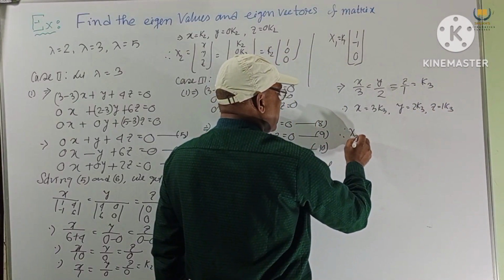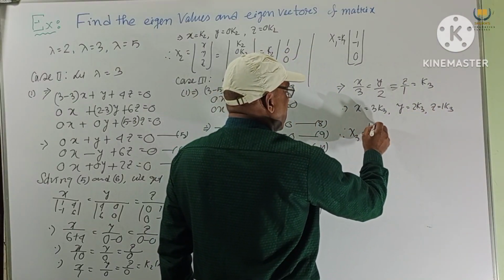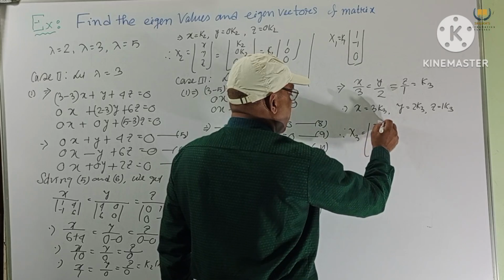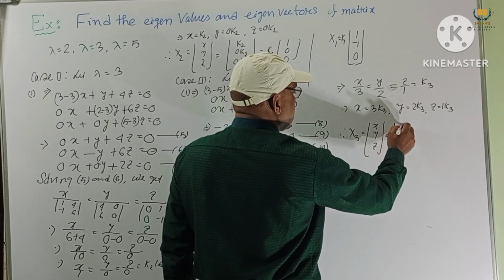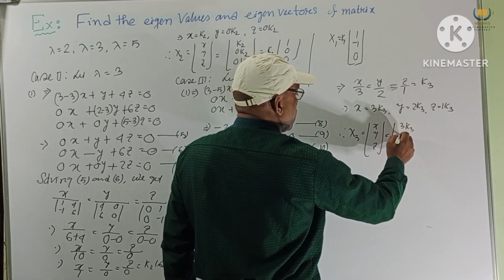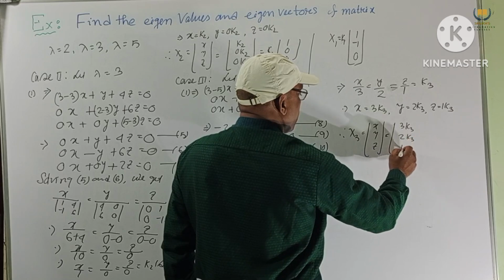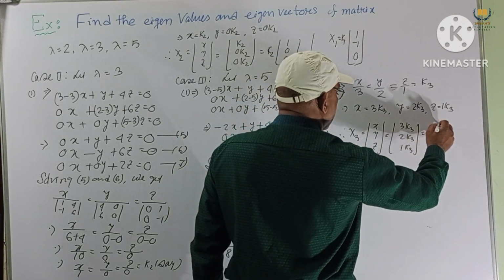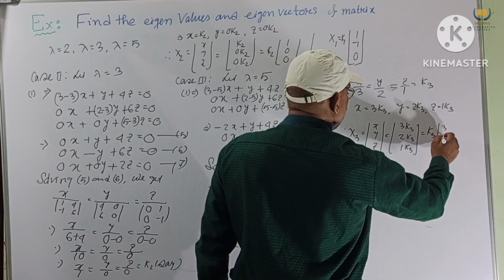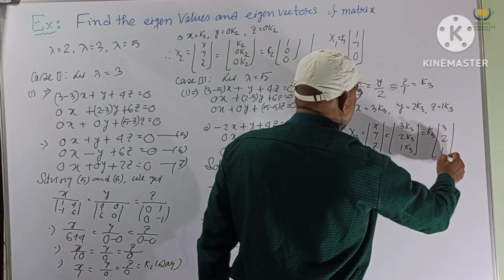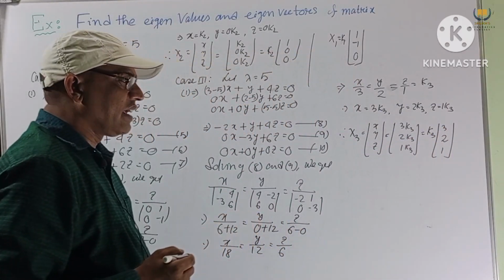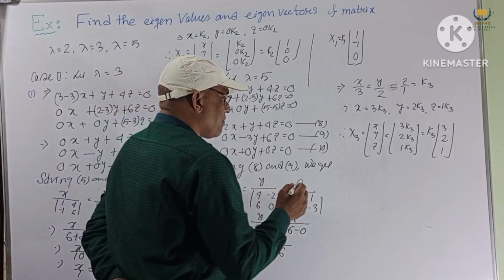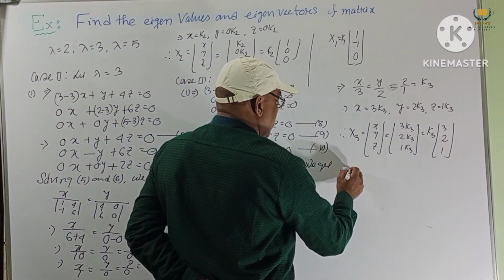Therefore, x3 equals xyz, this is 3k3, 2k3, 1k3, and k3 common, we get 3, 2, 1. This is the eigenvector.